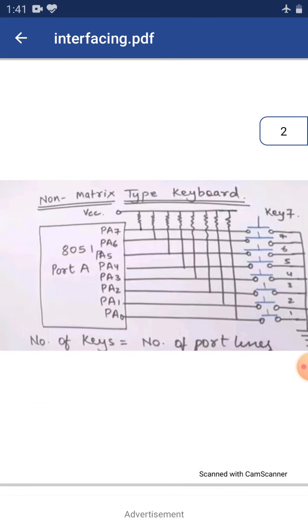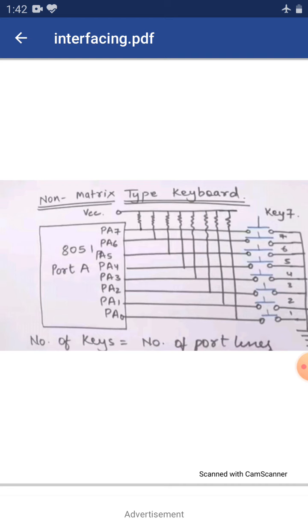In the non-matrix form, on the left side you have the 8051 which has a port, and you can see PA0 to PA7, that means 8 input keys you can connect with the help of port A, defined as port A0 to port A7.